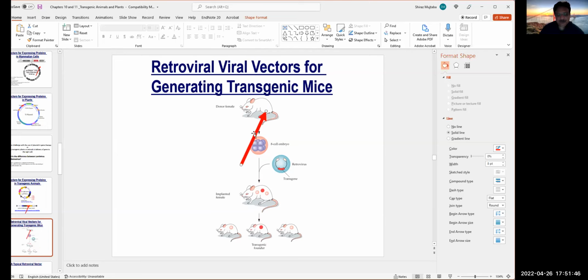gene. So an 8-cell embryo can be taken out from the mice, and this embryo can be transformed by a retrovirus. Retrovirus is the most effective way to transport a gene into cells.